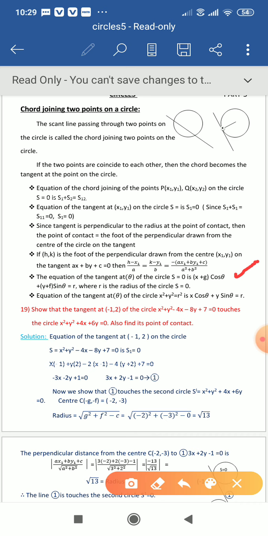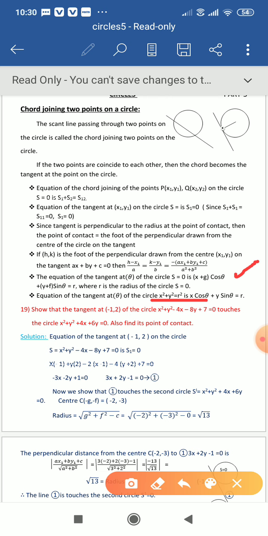If the point is in terms of parametric form at theta, the equation of the tangent is (x + g) cos theta + (y + f) sin theta = r, if the circle is S = 0 and r is the radius. If the center of the circle is (0, 0), that is x² + y² = r², then put g and f as 0.